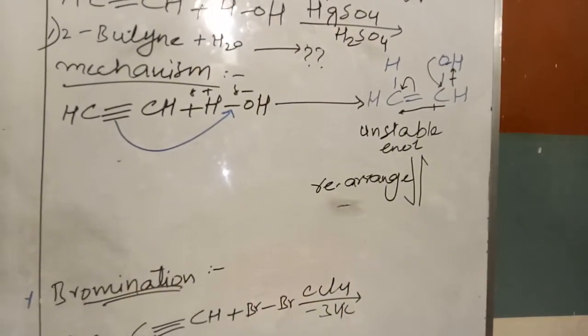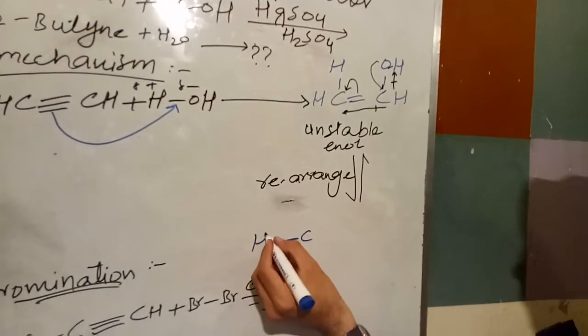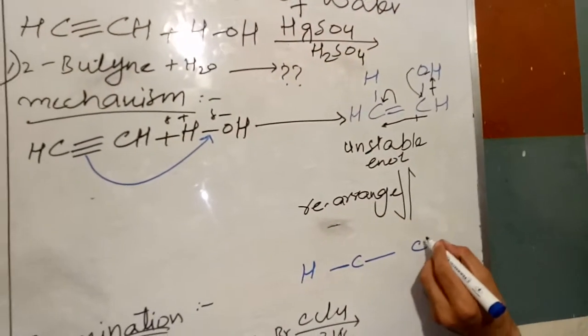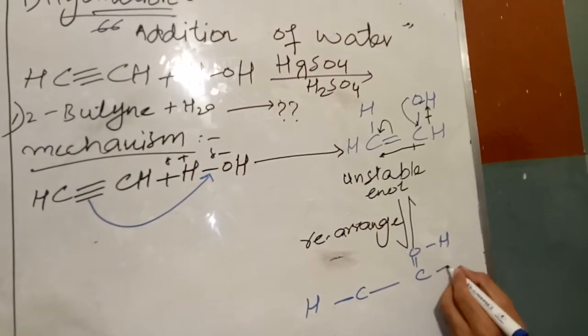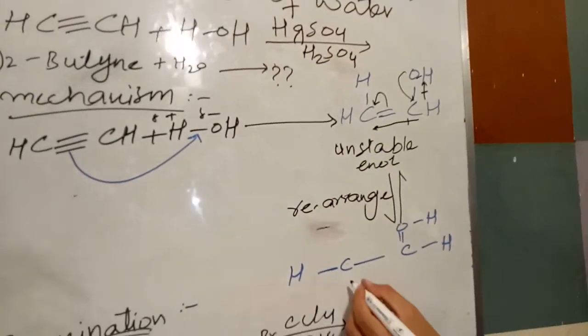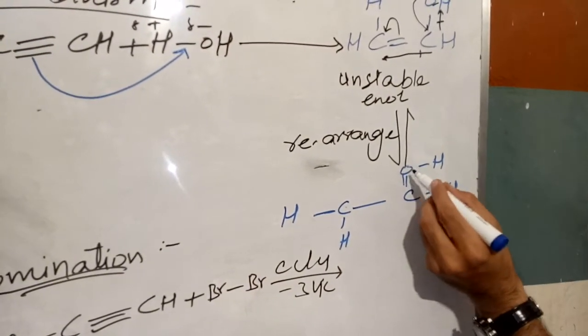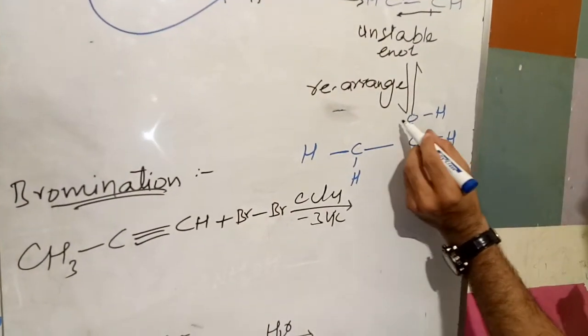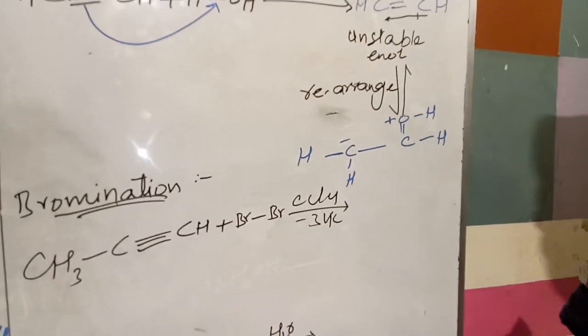As a result, this product will be created: C H single bond C double bond H H and H. So by making two bonds, this oxygen will get a positive charge and this carbon will get a negative charge.